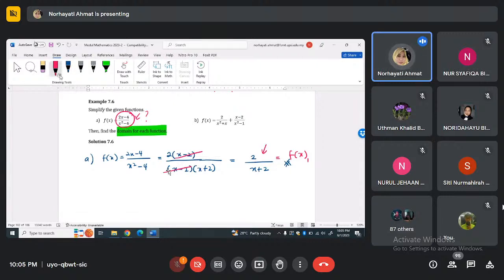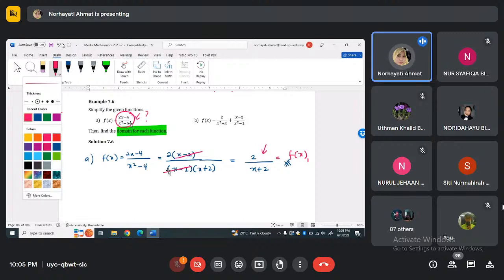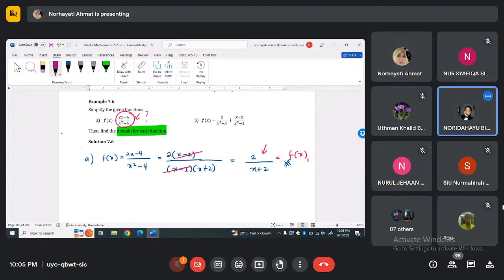Nilai x apa nilai x yang buatkan denominator tu undefined? 2. Ha? 2. 2. Betul. Yang ni kan, yang ni original, not the simplified function.